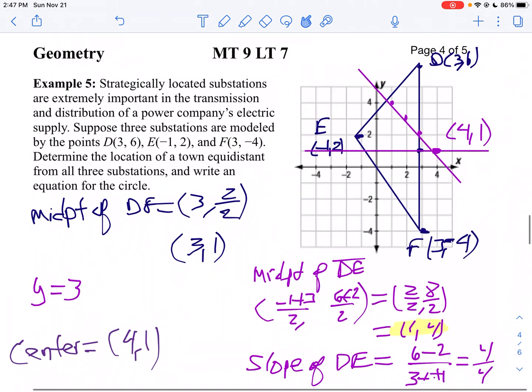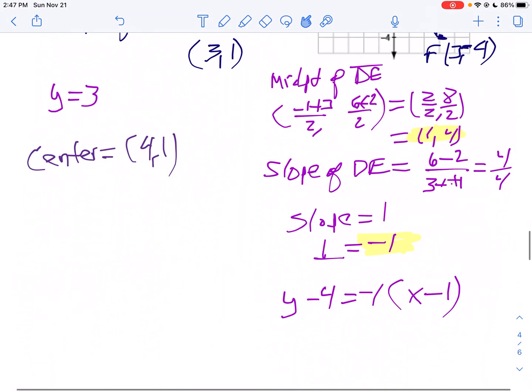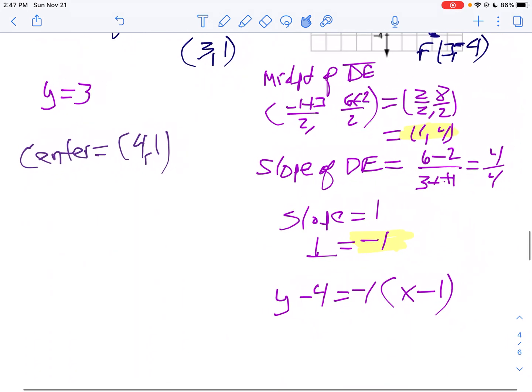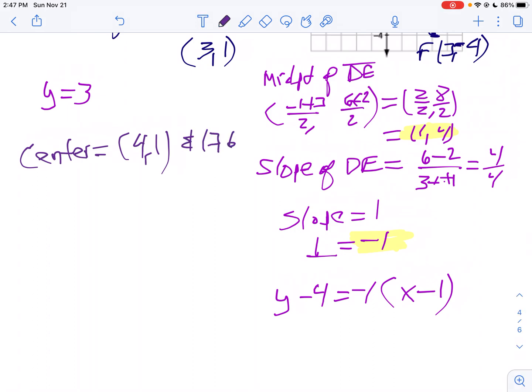I'm going to go from my center to point D. So to find the distance, distance equals the square root of 3 minus 4, the quantity squared, plus 6 minus 1, the quantity squared.